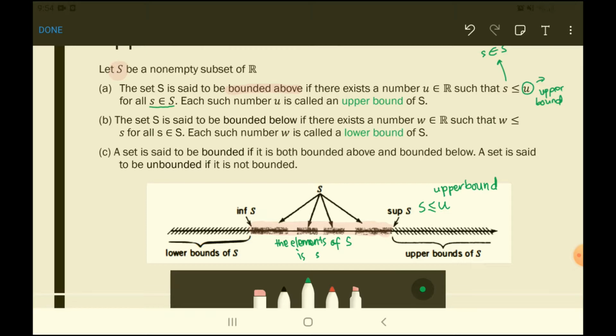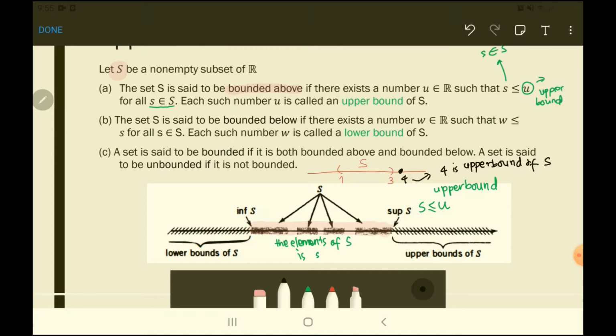The upper bound U is any value, it doesn't have to be an element of S, but U can be any real number that is greater than or equal to s, where s is an element of S. For example, let's say this is 1 and this is 3, and this is S. If I have a value here, let's say 4, then 4 is the upper bound of S. Why?